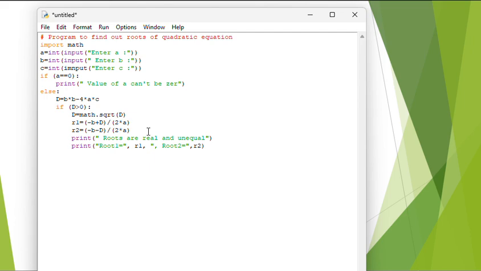Now we will be going to go with else. But we have three cases of d. D is greater than 0, D equals to 0, and D is less than 0. So instead of else, we will be going to go with elif. Now if D equals to 0, it means roots are real and equal. So we will be going to go with that.